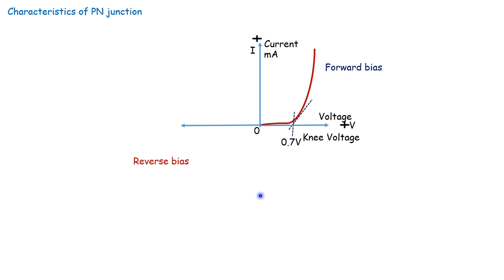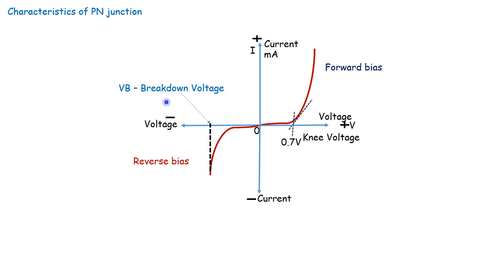Now in reverse bias, voltage and current both are negative. So here negative voltage, negative current. So the graph will be like this. As we increase the voltage, the current increases like this, not constant, but whatever the constant current we are getting here, beyond that we get the breakdown voltage or reverse voltage of the PN junction.